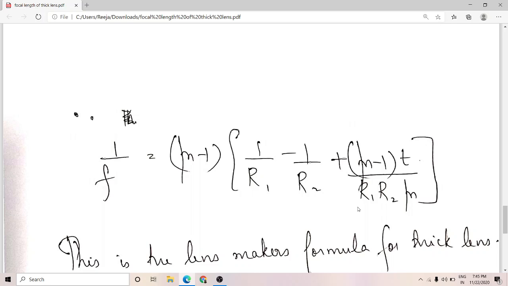Then we know 1 by d2 minus 1 by d1 is 1 by v minus 1 by u equal to 1 by f. So 1 by f is equal to p1 plus p2 and an additional term. Now substitute for p1 and p2: p1 is mu2 minus mu1 by r1 and p2 is mu1 minus mu2 by r2. Substitute and simplify, and you get 1 by f is equal to mu minus 1 into (1 by r1 minus 1 by r2) plus mu minus 1 into t by r1 r2 into mu. This is the lens maker's formula for a thick lens.